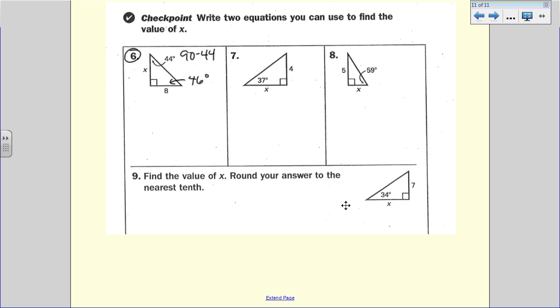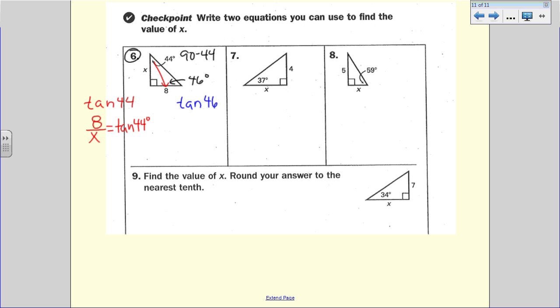So my two equations are going to be for the tangent of 44 degrees, and then I'm going to have one for the tangent of 46 degrees. So the tangent of 44 degrees, the opposite is 8 over the adjacent of x. That equals the tangent of 44 degrees.